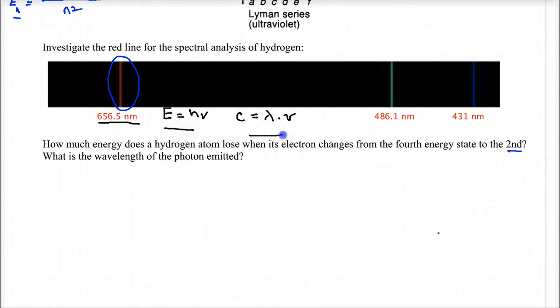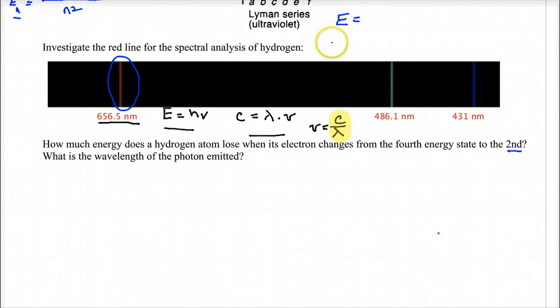So if I combine these two formulas, let's solve for frequency. Frequency from this formula is equal to c over lambda. Now, as I've talked about before, c over lambda will be plugged in for the frequency.